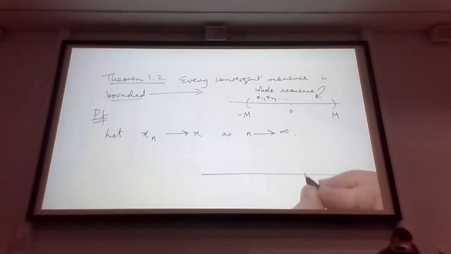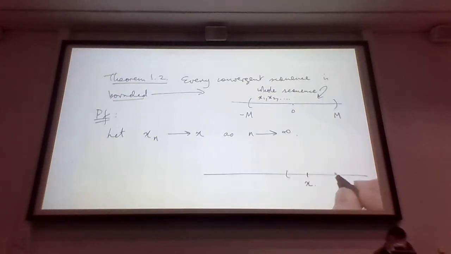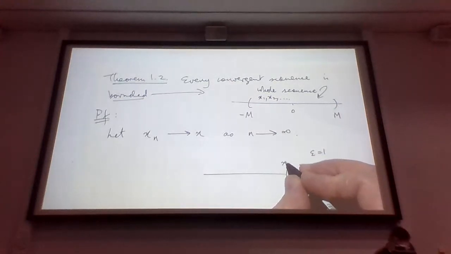Well, somewhere on the number line is the number x, the limit of this sequence. And what we do is we give ourselves a value of epsilon. I'm going to choose epsilon equals 1, so we've got x plus 1 and x minus 1.